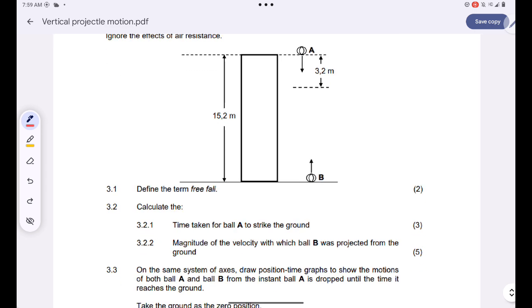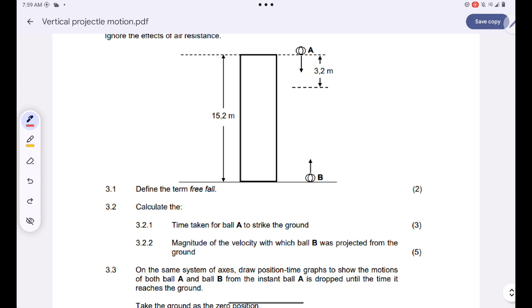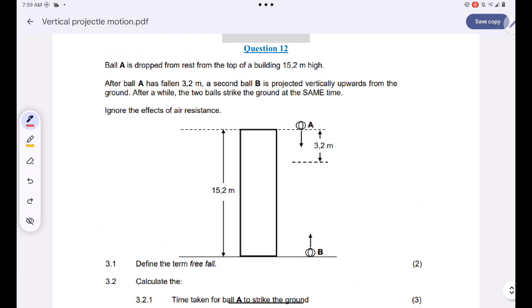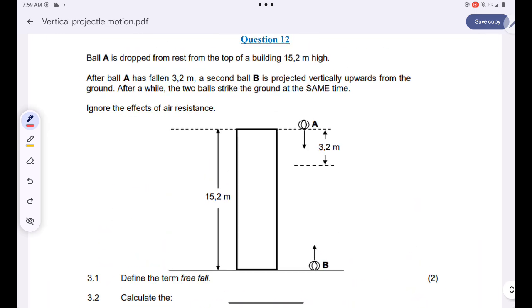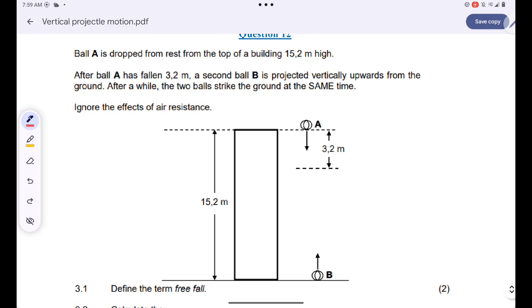Then 3.2.1: we must calculate the time taken for ball A to strike the ground. The initial velocity of ball A is 0 meters per second, because it was dropped. I don't know the final velocity. I'm looking for the time it took.